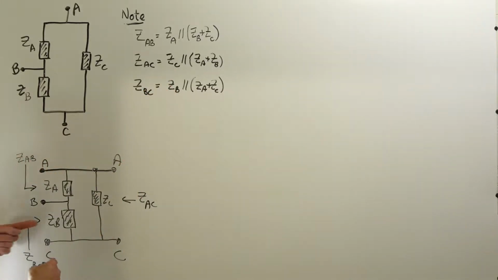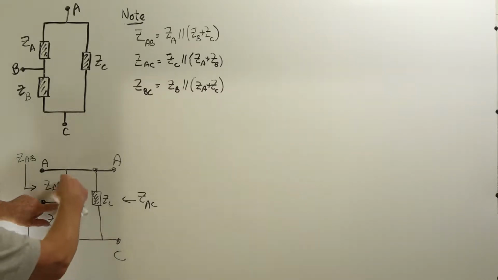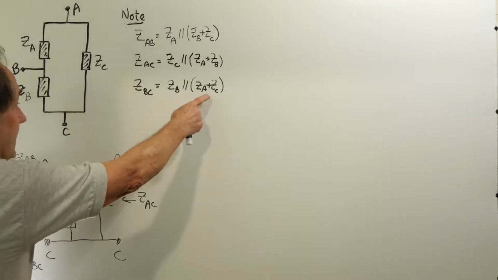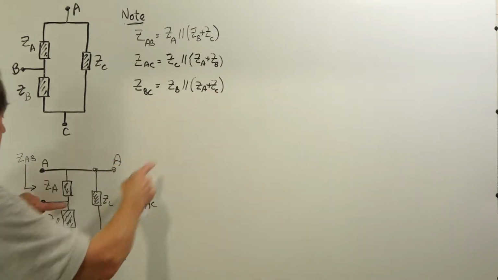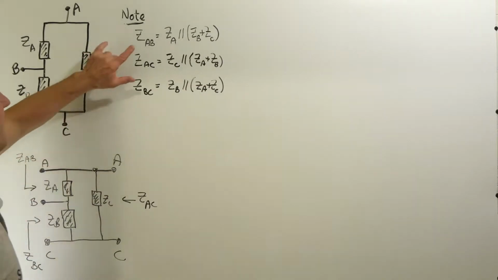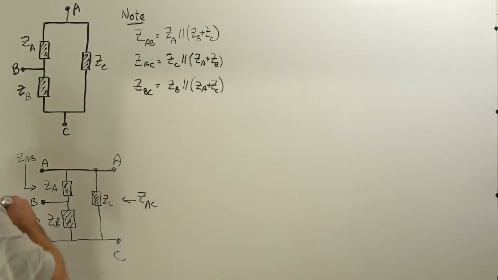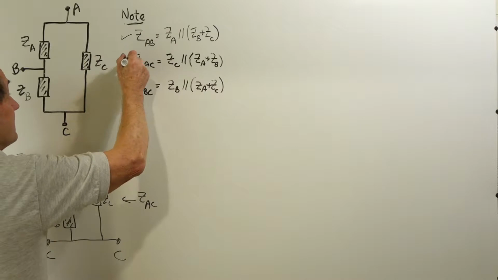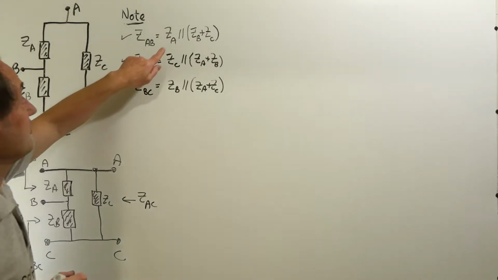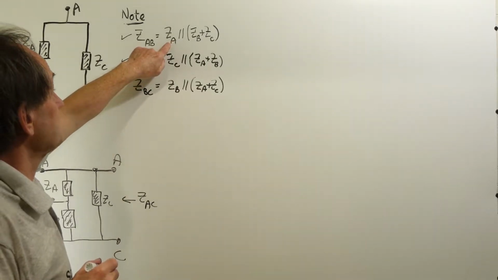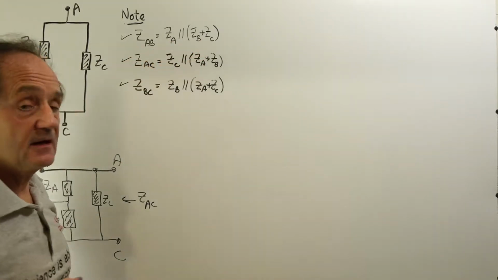And then the impedance looking into nodes B, C is ZB in parallel with the series combination of ZA and ZC. So we have these three numbers, or impedances, looking into the network that we can measure, and from these we need to extract the values for ZA, ZB, and ZC.